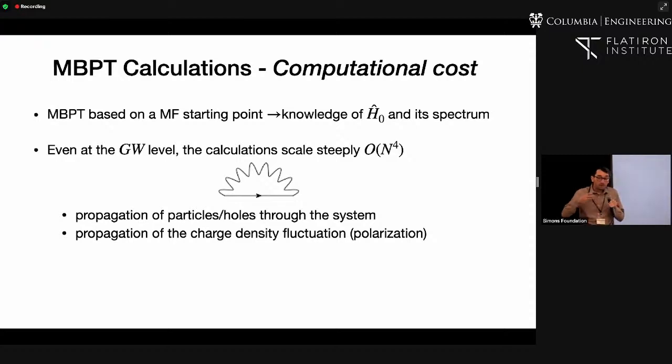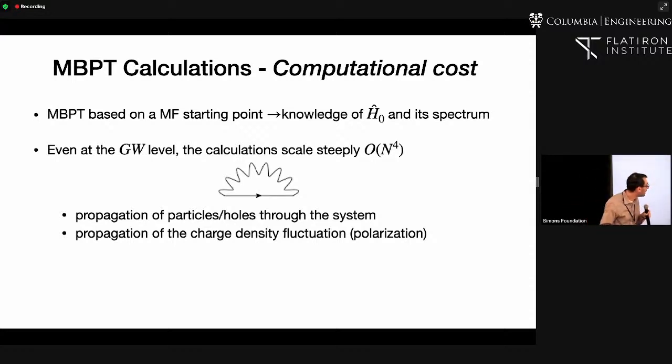The reason for the cost is intuitively clear, because I need to take care of propagation of all particles and holes through the system that is described by the Green's function, and propagation of all charge density fluctuations that are hidden in the screened Coulomb interaction. As my system grows, the information that I need to take care of gets bigger and bigger. However, the key point is that all of these charge density fluctuations are collective modes of my system. So they're amenable to some low rank representation.